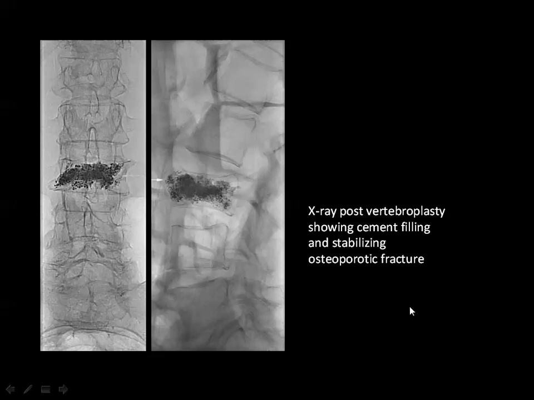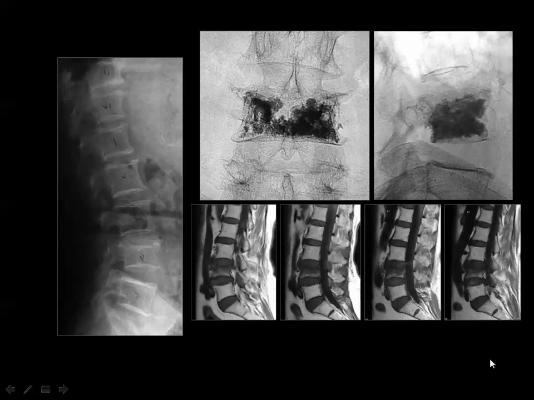We inject, guided by imaging, the cement material in order to support the vertebral body, preventing further collapse. And this is an osteoporotic fracture at the L4 vertebral body. It is considered mild. You see a minor degree of loss of height of the vertebra, and the changes in MRI of bone marrow edema and loss of height.